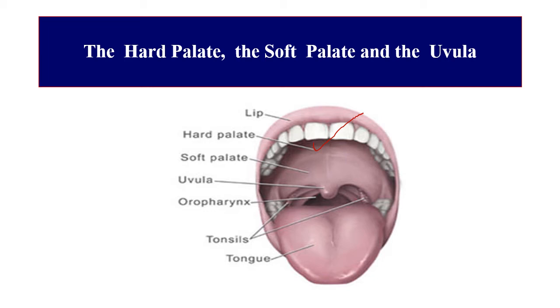In the production of speech sounds, it acts like a valve in opening and closing the nasal passage of the air. Students, keep in mind that the soft palate acts like a valve in opening and closing the nasal passage. How does it happen?